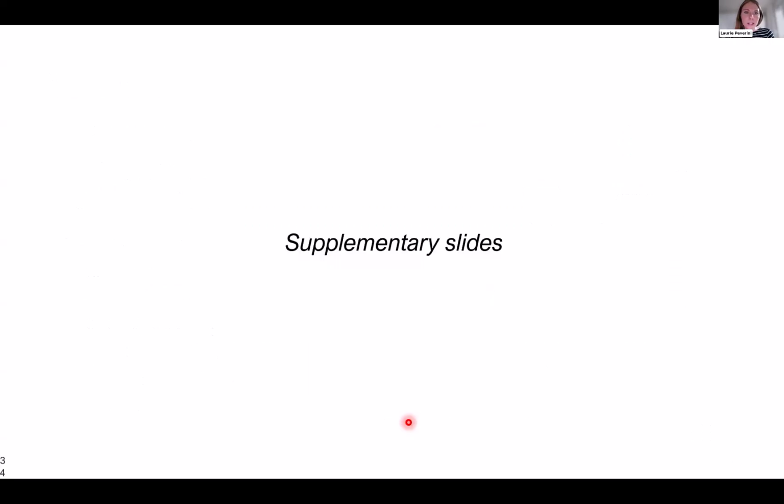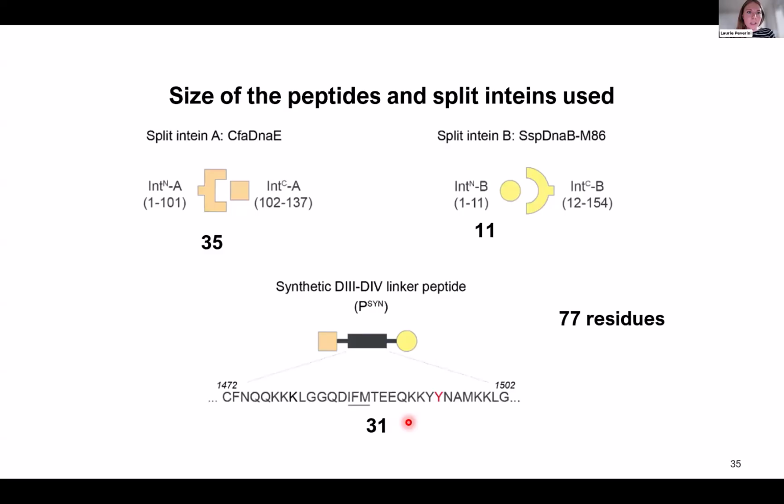I can maybe show a slide on that. These split inteins have two parts. To have a synthetic peptide that is possible to synthesize, you need to have a quite small C part of the first split intein and N part of the second split intein.